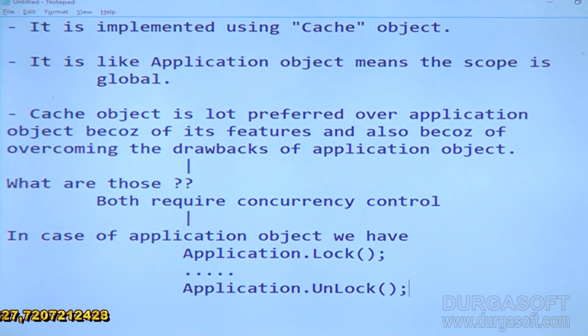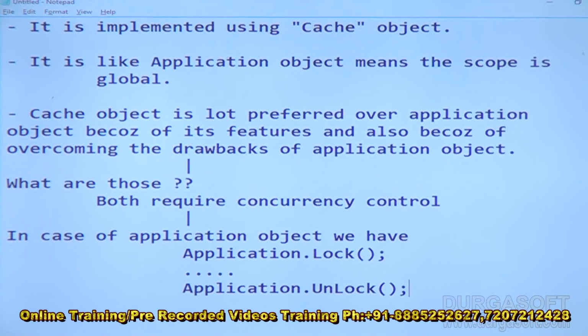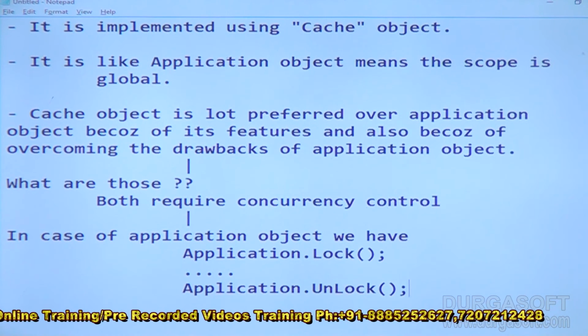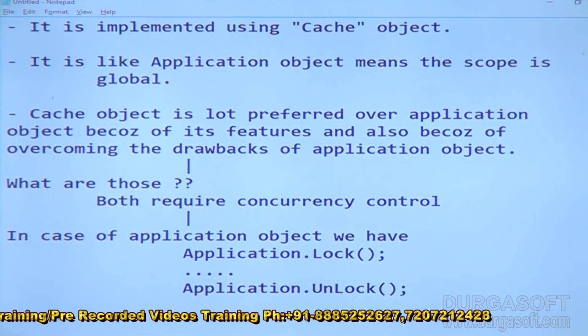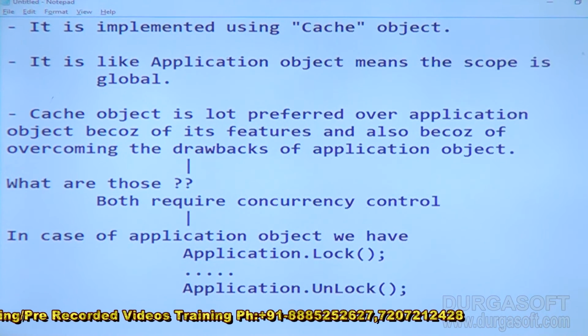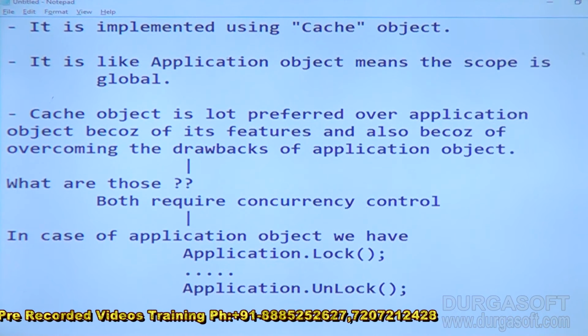This is how you can control the concurrency. What is that Application.Lock? You can guess now. Application.Lock means that the total application variables will get locked for others.